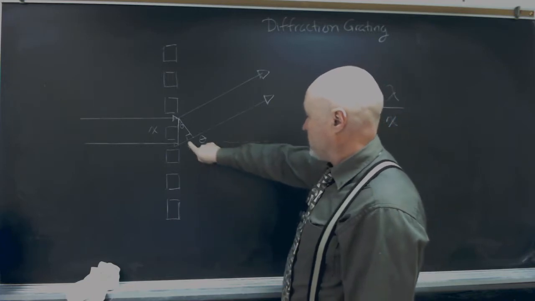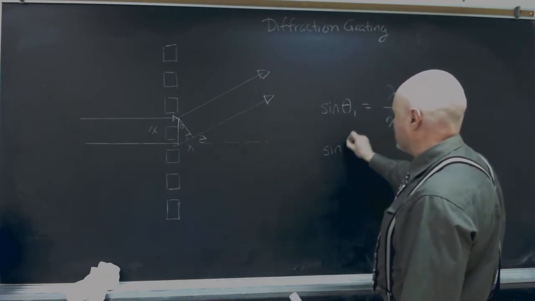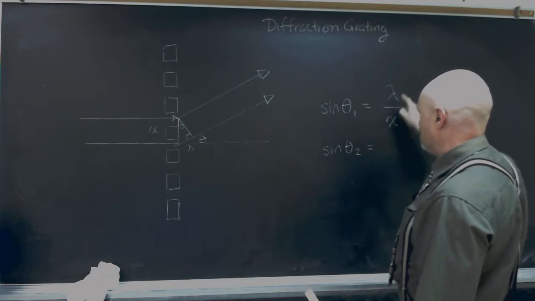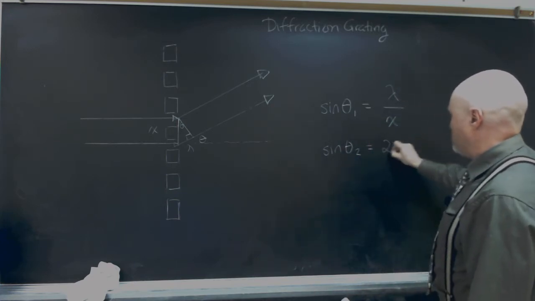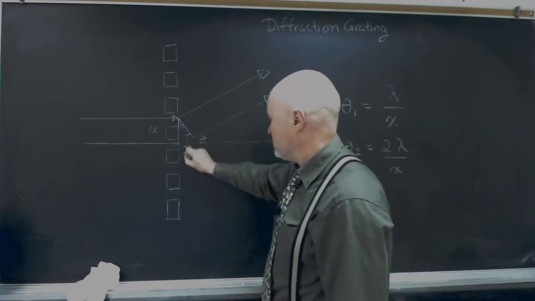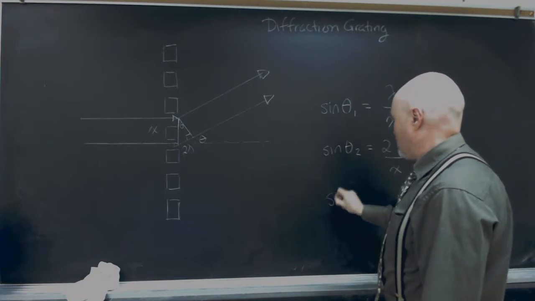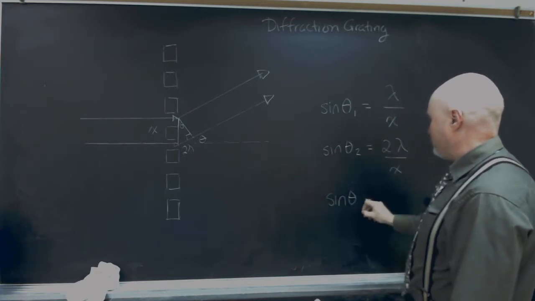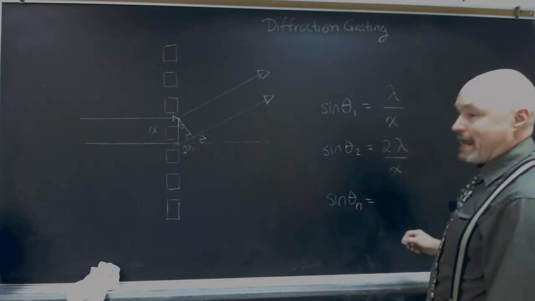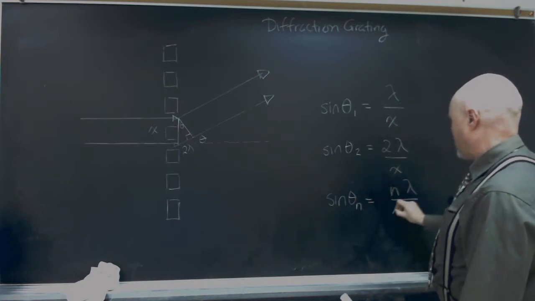Anyways, if you can imagine, if we carried this on, the angle to the second bright fringe is going to be 2 times lambda over x, because now the path difference is going to be 2 wavelengths. And so the sine of the angle to fringe number n is going to be n lambda over x.